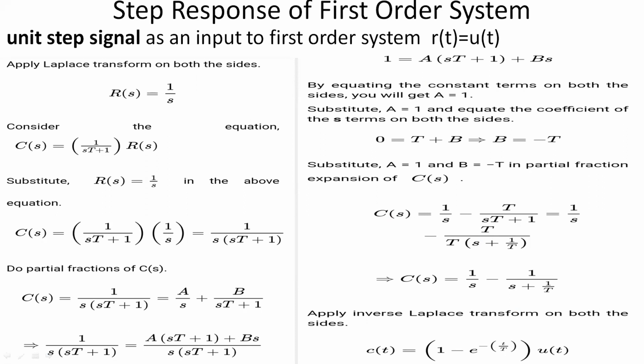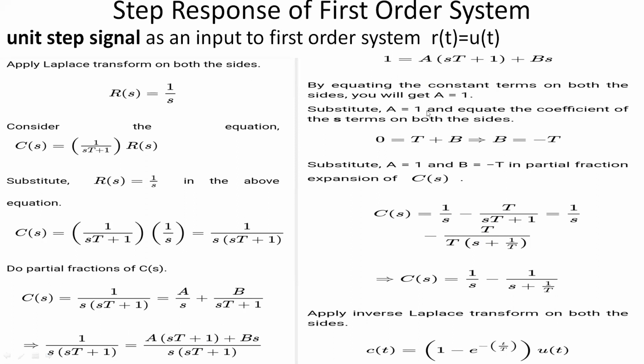The denominators are the same, so we equate only the numerators: A into (sT plus 1) plus Bs is equal to 1. By equating the constant terms on both sides, we get A is equal to 1.